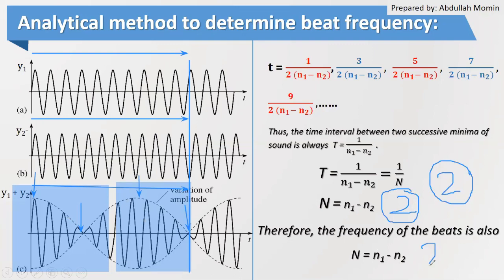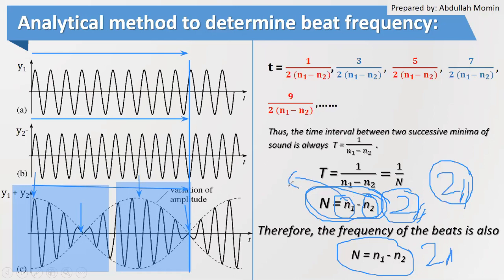So we will say that the frequency of waxing is n1 minus n2. The frequency of waning is also n1 minus n2, and the frequency of beat is also the same. That is 2 to 2 in this case. What is n1? n1 is the frequency of the first sound wave. n2 is the frequency of the second sound wave. Now consider if the frequency of the first sound wave is 13 and the frequency of the second sound wave is 11.